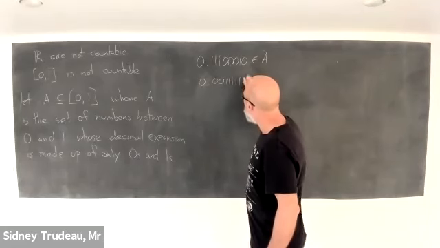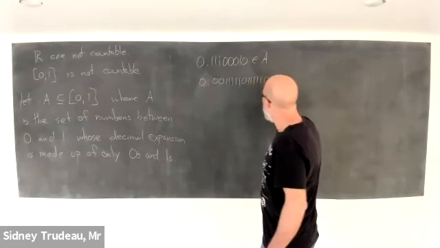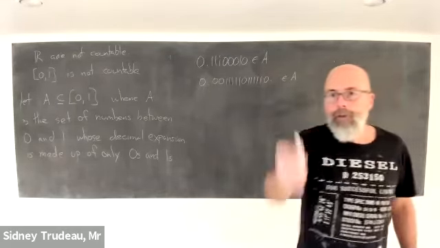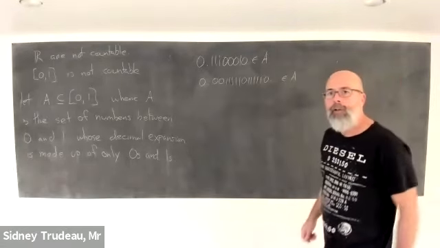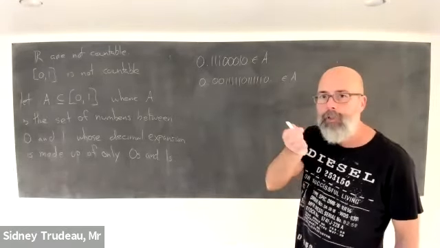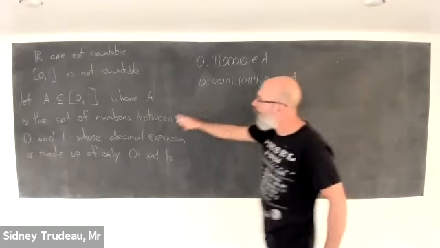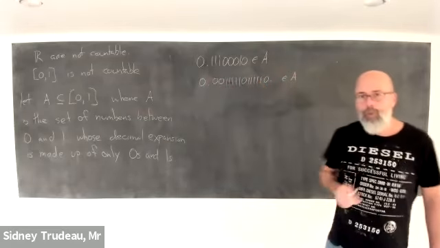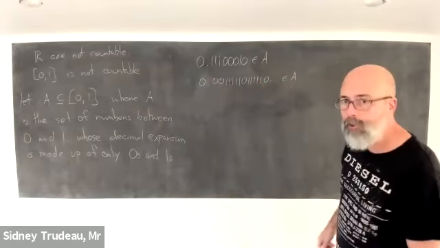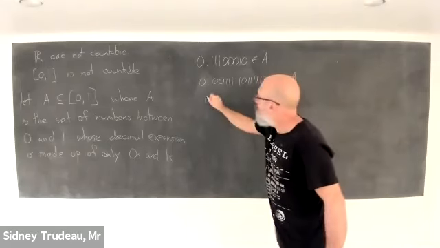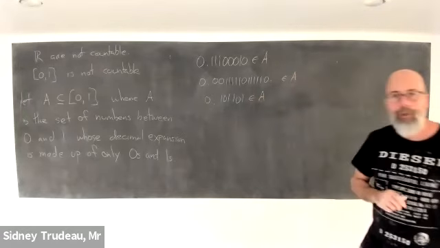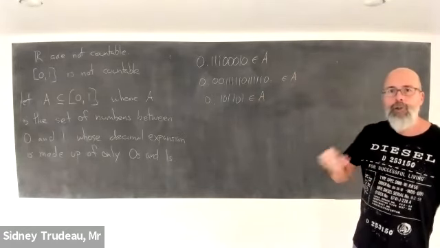Right. 0.0011111011111. This is an element of A. Exactly. Well, Mr. Hussein is suggesting 0.4, but 0.4 is not made up of only zeros and ones, right? So we want to stay away from that. But as Christian suggests, 0.101101, this is an element of A. And so on and so on.